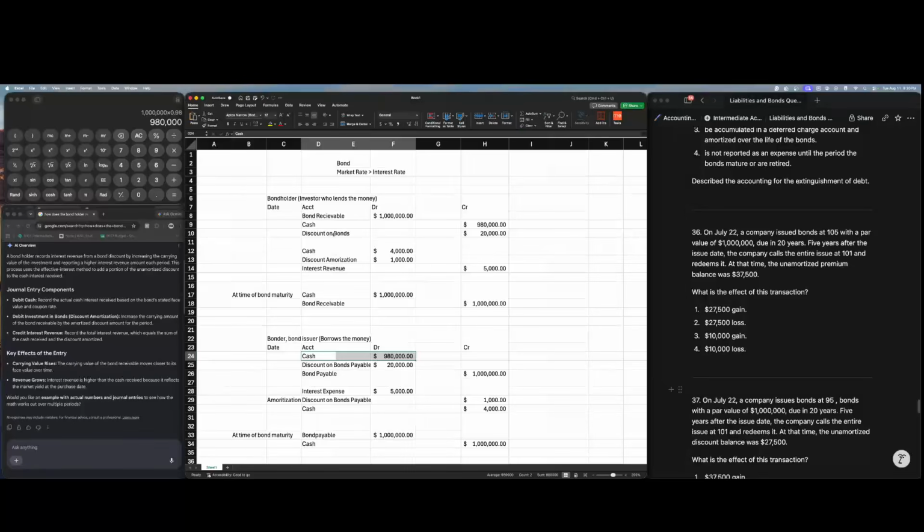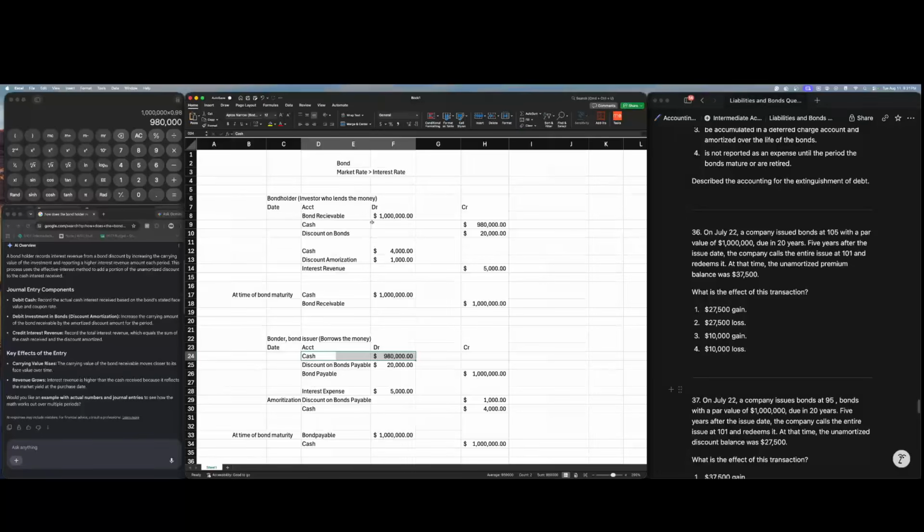And then the bondholder, the investor who lends the money, would have the bond receivable of $1 million, but they would only have to give out 980,000 in cash, and they would also have a $20,000 discount on the bond receivable. They would receive that as interest revenue.